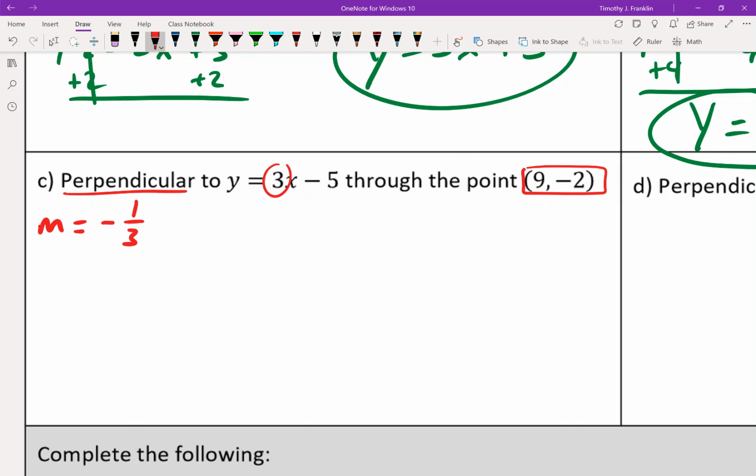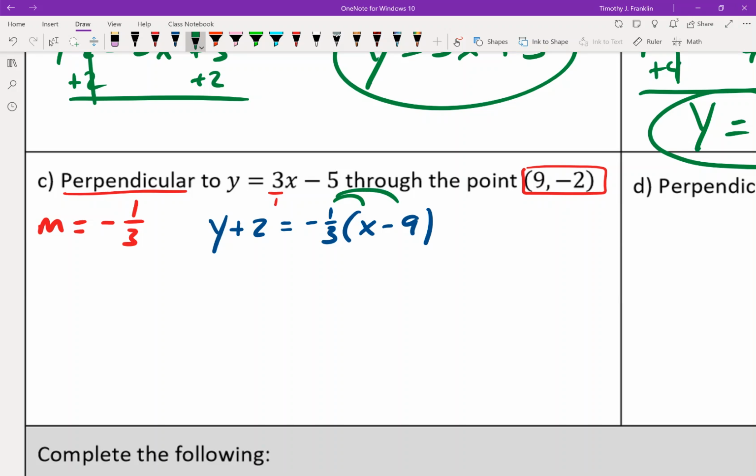So flip the number, 3 over 1 becomes 1 over 3, and change the sign. Positive becomes a negative. But now we can fill out point slope form. So y minus, the y value is negative 2, so it'll become plus 2 equals negative 1/3 times x minus 9 is the x value.